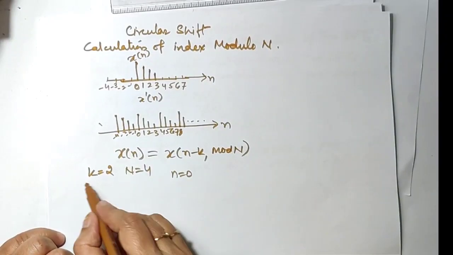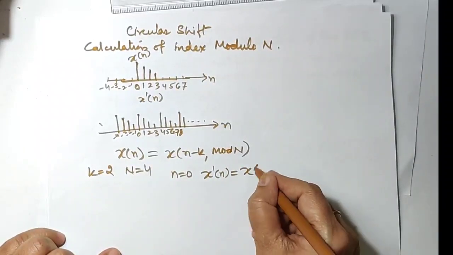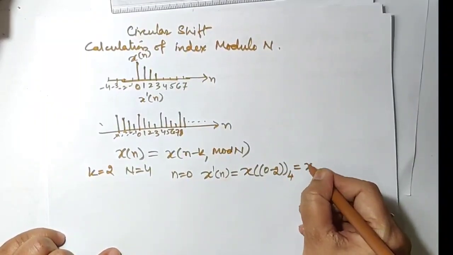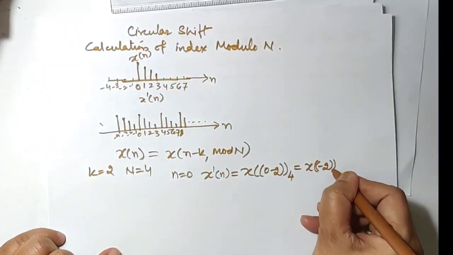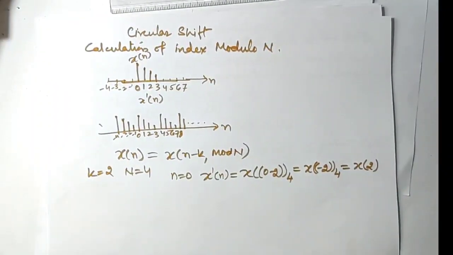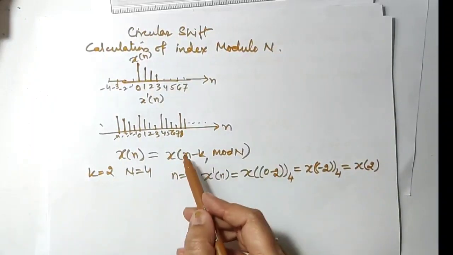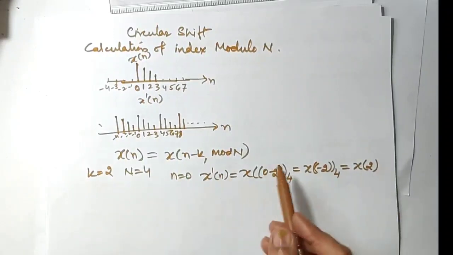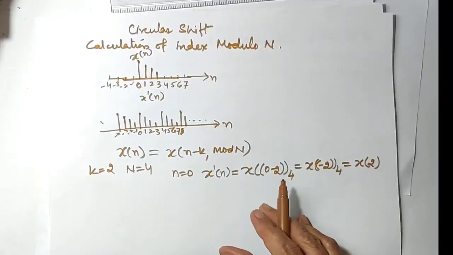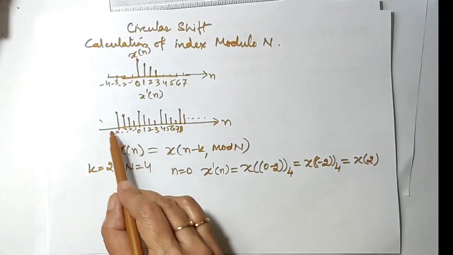For n equal to 0, x dash n will be x of the index modulo of (0 minus 2), 4, which will be x2. How do we do it? There are many methods, and different authors explain it differently. The modulo N can be added to n, and then so on. The shortcut I use is that I just add these two, and whatever the value, take the sequence from the one we have made periodic.